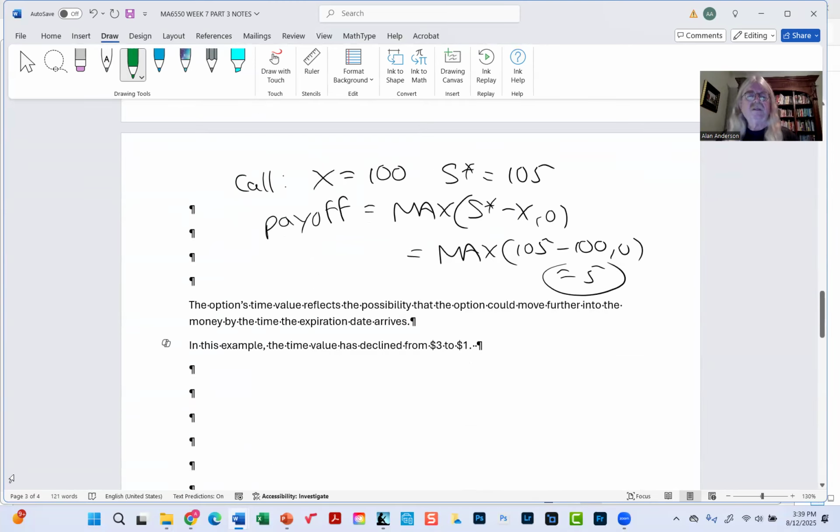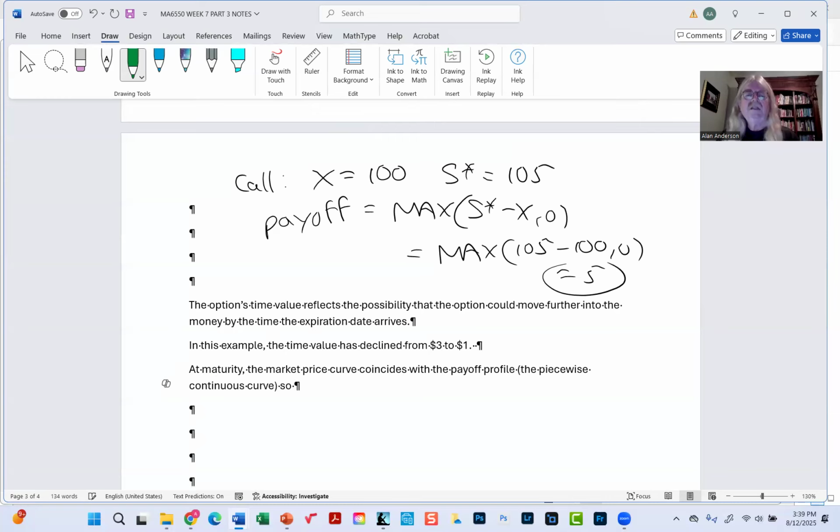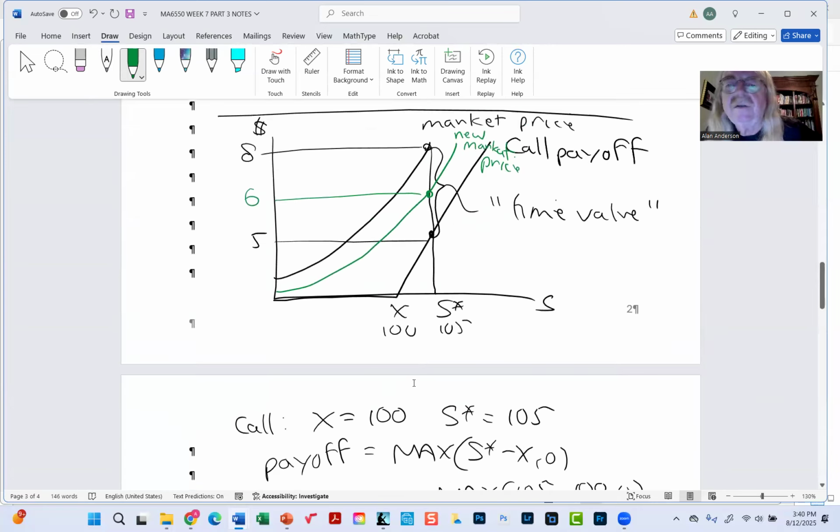Okay, so at maturity, the market price curve coincides with the payoff profile, so that the time value of the option is zero. This is what you'd expect.